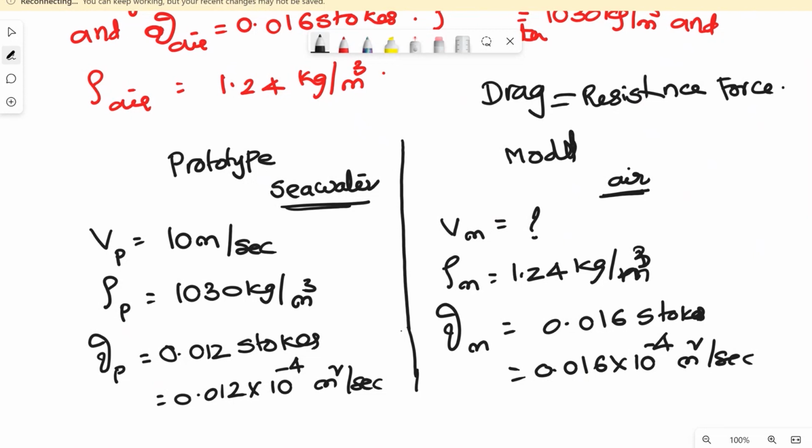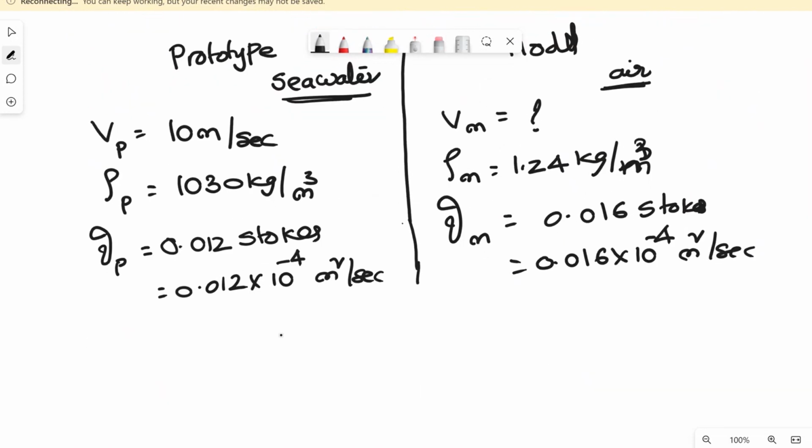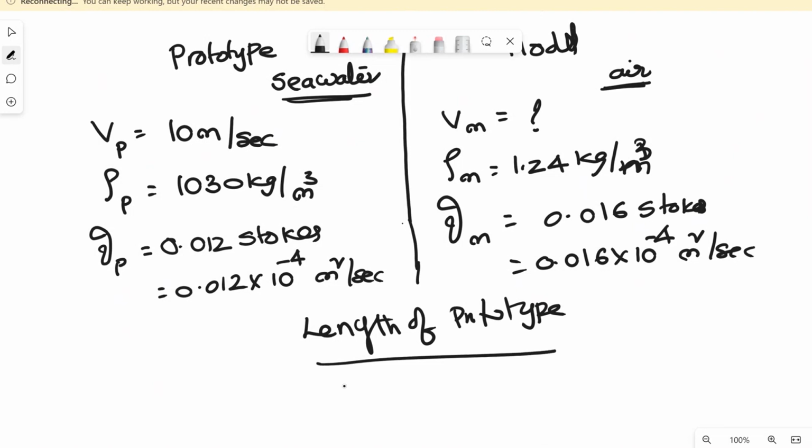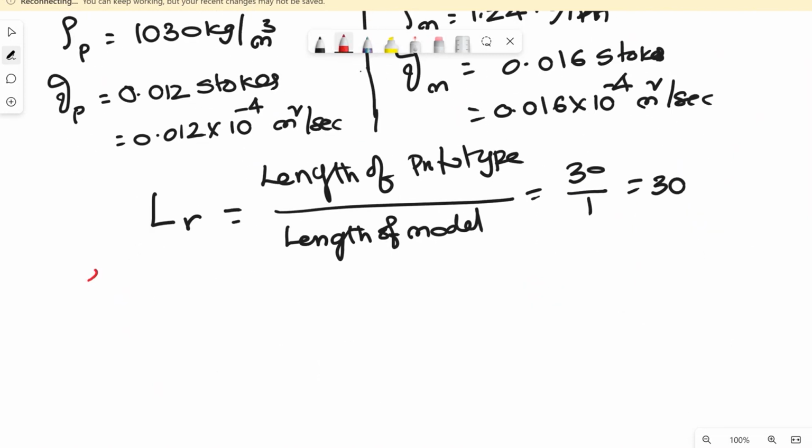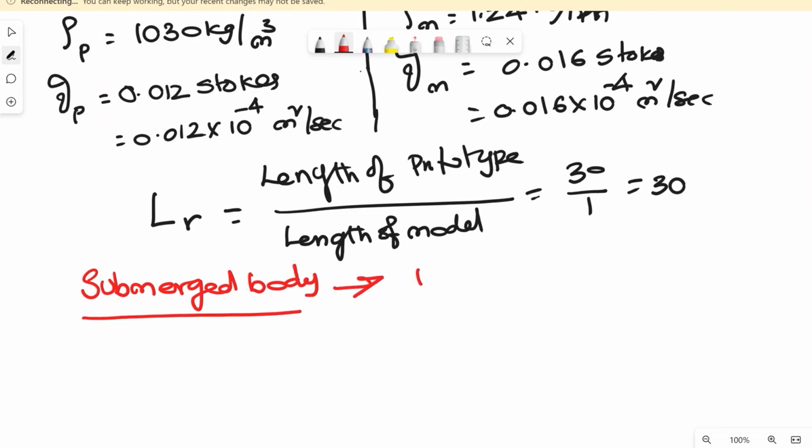And one more data he has given is the length of prototype divided by length of model, which is equal to 30 by 1. So now, naturally, since it is a submerged body, we apply Reynolds model law.